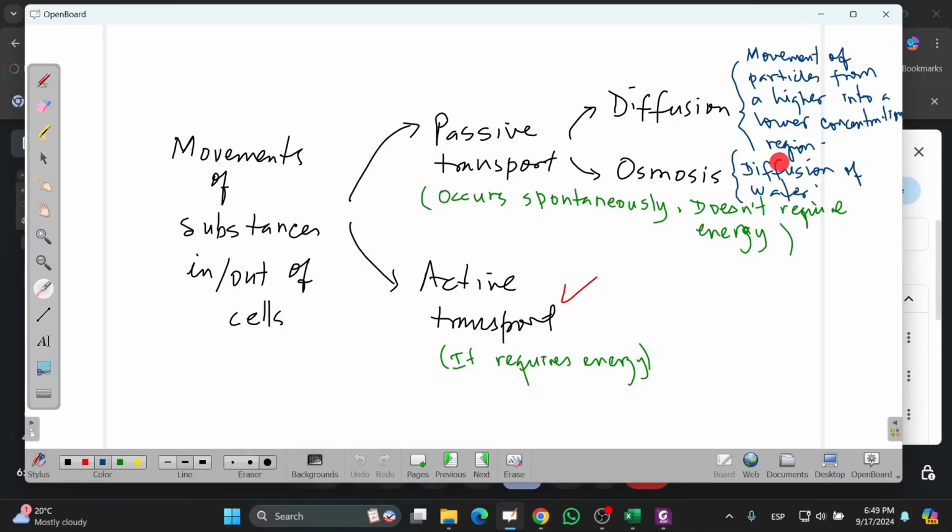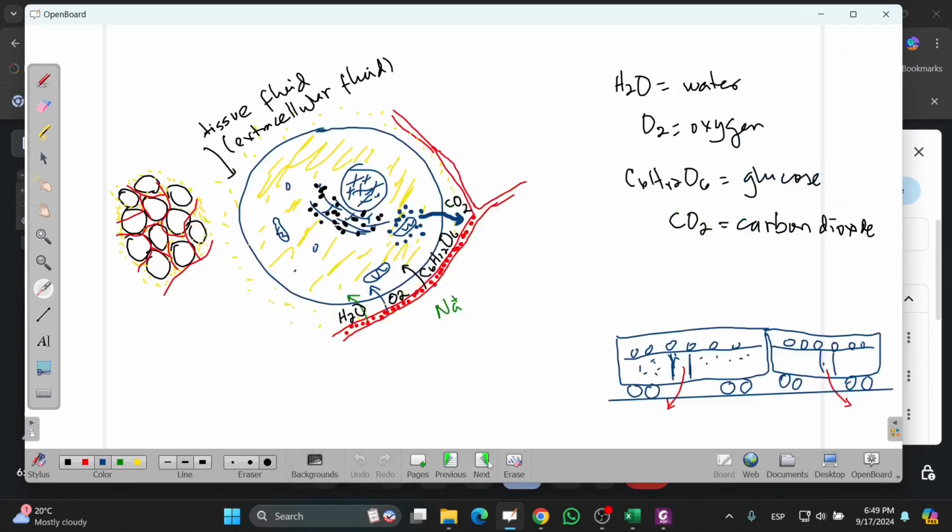However, if we talk about diffusion in the human body, there are some examples that you need to know about, like this one here: the diffusion of glucose from blood into your cells, the diffusion of oxygen from blood into your cells, and the diffusion of carbon dioxide from cells into your blood.